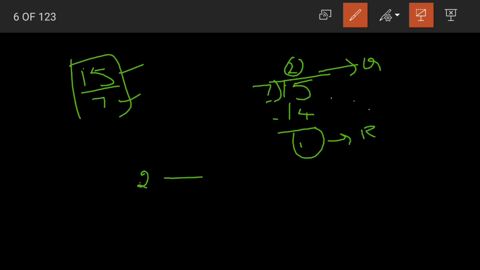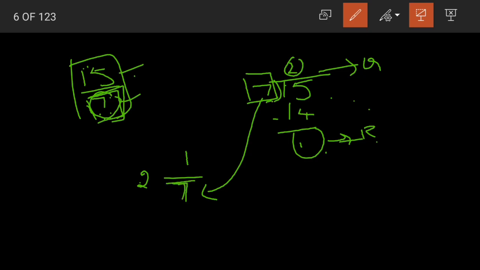If you observe this fraction, we are having 7 in the denominator, right? That 7 will be written as it is, and the remainder will go on top, that is, it will become our numerator. See, in the improper fraction 15 by 7, we are having 7 in the denominator, that is nothing but our divisor.